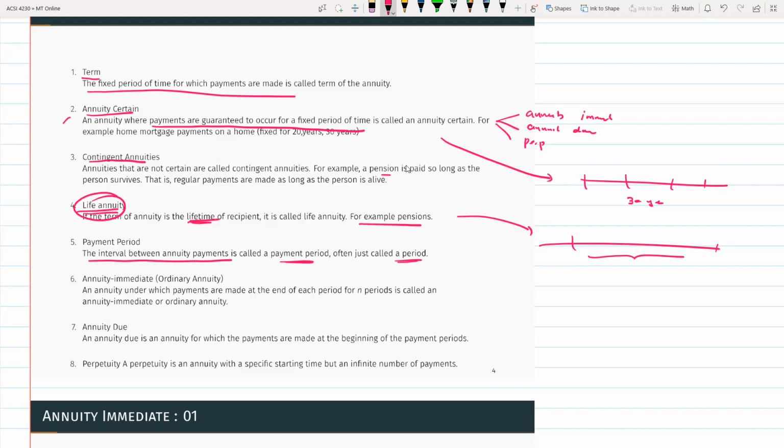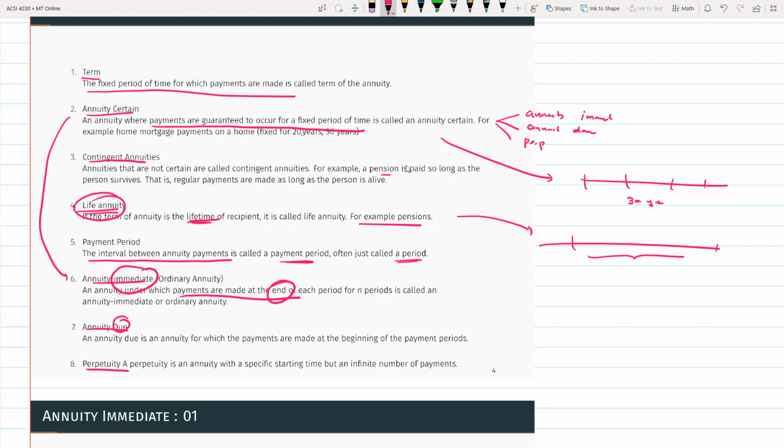Then we have two types of annuity right now. So this comes from actually annuity certain: annuity immediate, annuity due, and then actually three, perpetuity. So the difference between annuity immediate and annuity due is when the payments are made. Annuity immediate, payments at the end. Yeah, so it's kind of confusing. It's immediate, but the payments are at the end.